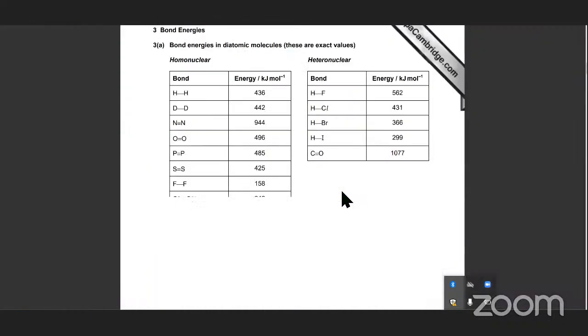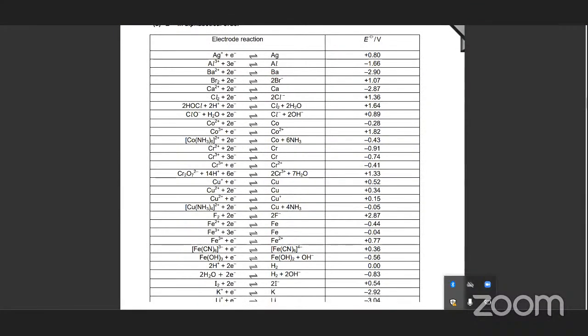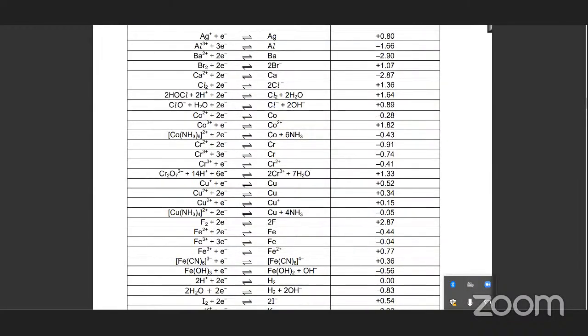So I want copper 2 plus. If we look over here, there's copper 2 plus. This is one of the equations, and there are actually two equations right next to each other. So I have two reactions: copper 2 plus gaining 2 electrons, and copper 2 plus gaining just 1 electron. One is 0.34 volts, the other one is 0.15 volts.